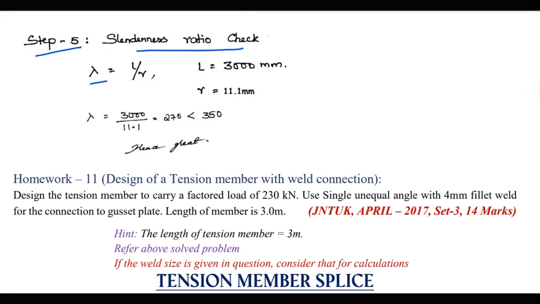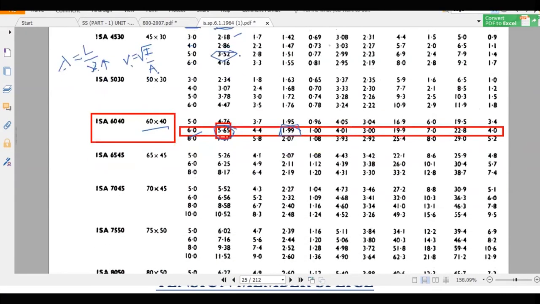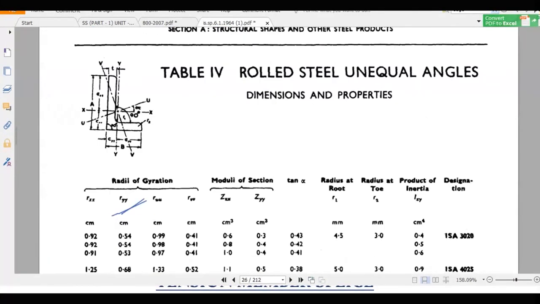So lambda is equal to L by r, where L is equal to 3000 and the radius of gyration is 1.1. Let me show you that.